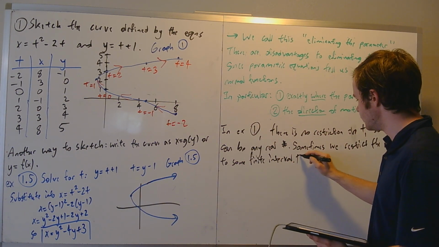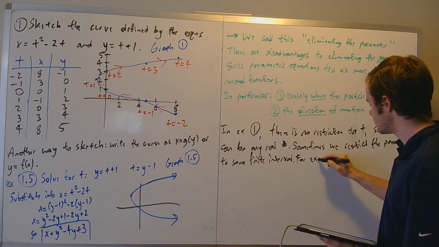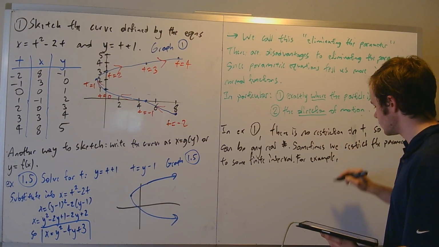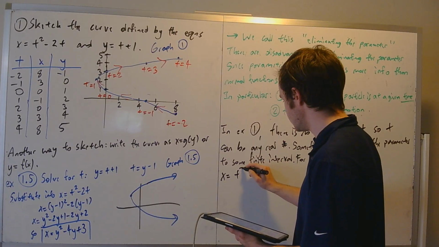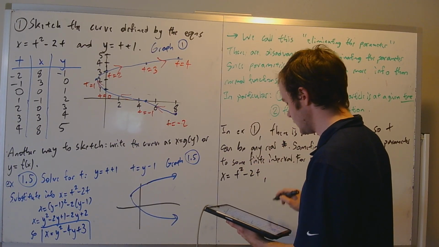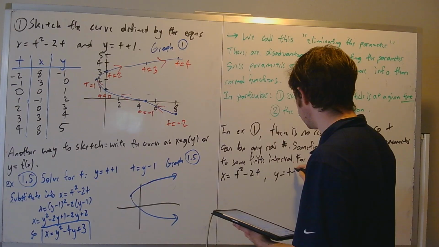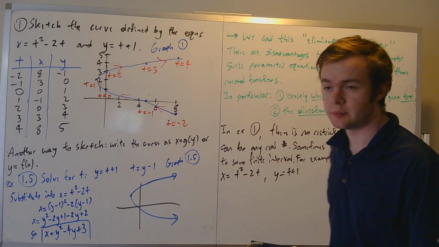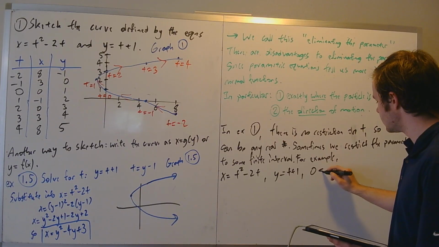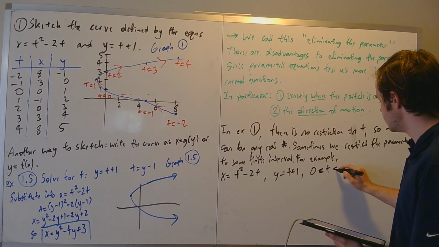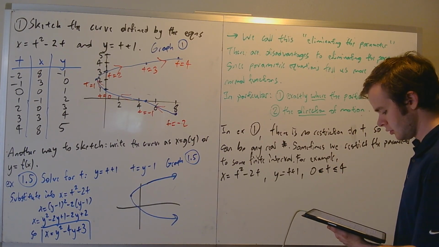For example, let's say we had x equals t squared minus 2t and y equals t plus 1. So notice those are the same as the equations we had up there, but we're going to add in the restriction that 0 is less than or equal to t is less than or equal to 4.